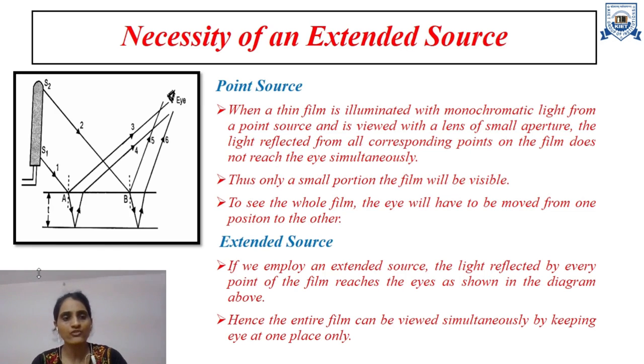We don't have to move our eye from one place to another to see the interference pattern occurring between rays 3 and 4 and 5 and 6. This is the benefit of an extended source. We don't have to shift the position of our eye to see the whole view from the film. And in the Newton's ring experiment, we prefer the extended source rather than the point source.